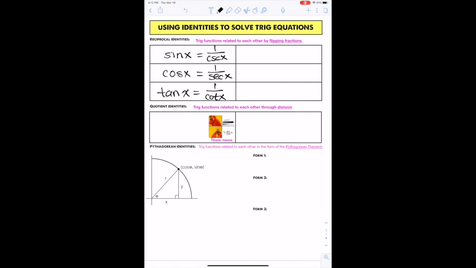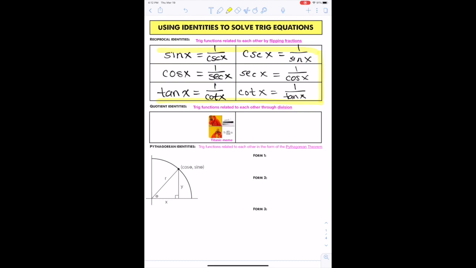You need to know cosecant is just a flipped sine. Secant is just a flipped cosine. And cotangent is just a flipped tangent. Okay, so those 6, I'm hoping, are very straightforward.